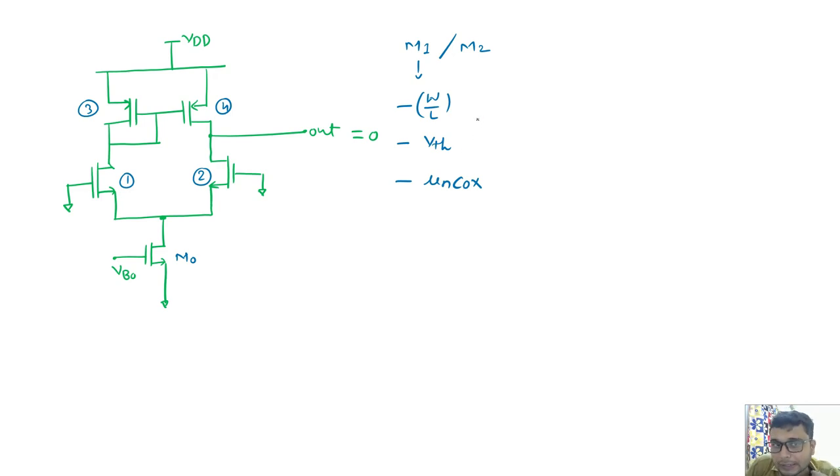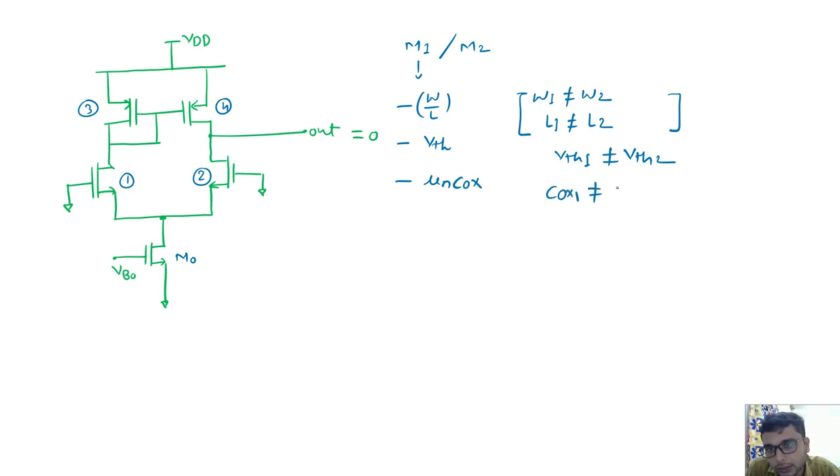Maybe we have designed identical M1 and M2, but after fabrication, the width cannot be the same, the length cannot be the same. There may be some other effects, and VTH1 cannot be identical for both devices. There is also a possibility that the oxide capacitance of M1 is not equal to the oxide capacitance of M2, because this capacitance depends on what?